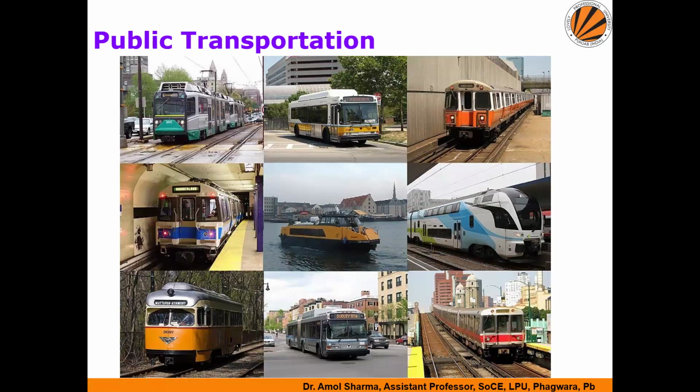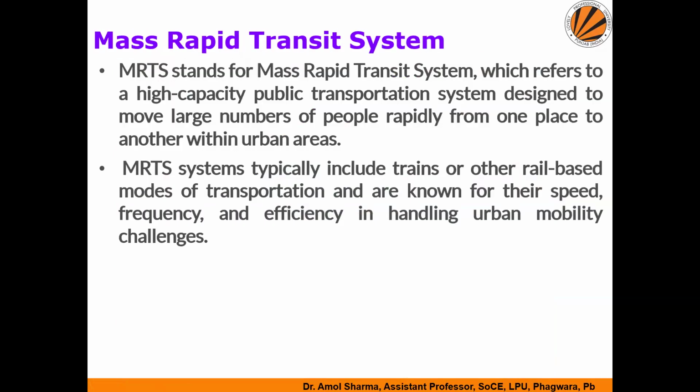Now, when we collectively use all these transport networks and a number of people are using them every day, then collectively we call them mass rapid transit systems. So these systems refer to high capacity public transportation systems which are designed to accommodate and move a large number of people rapidly from one place to another within an urbanized setting.